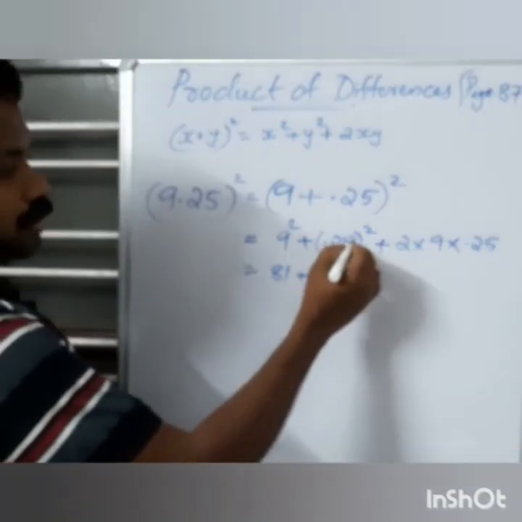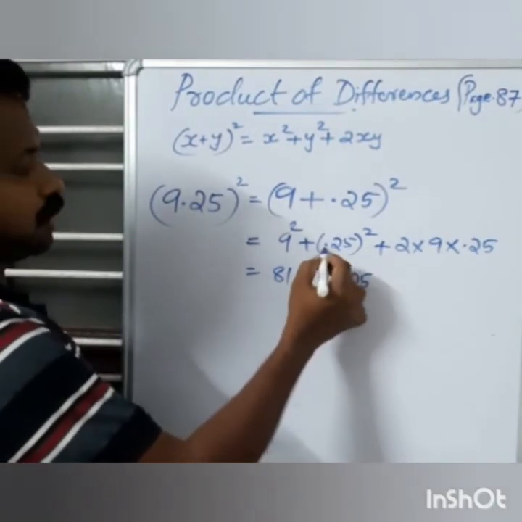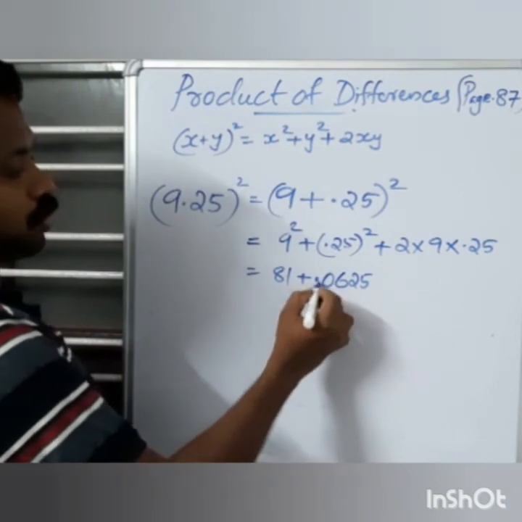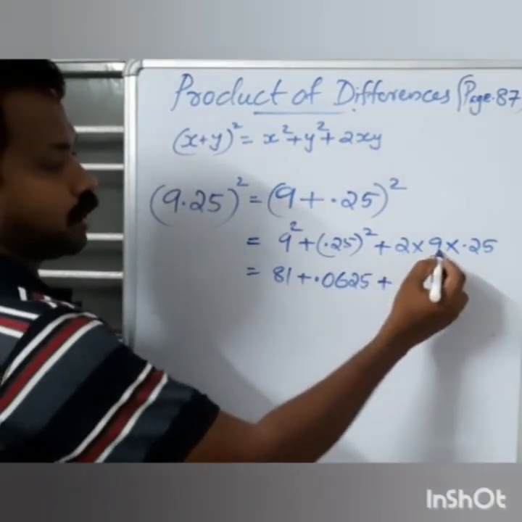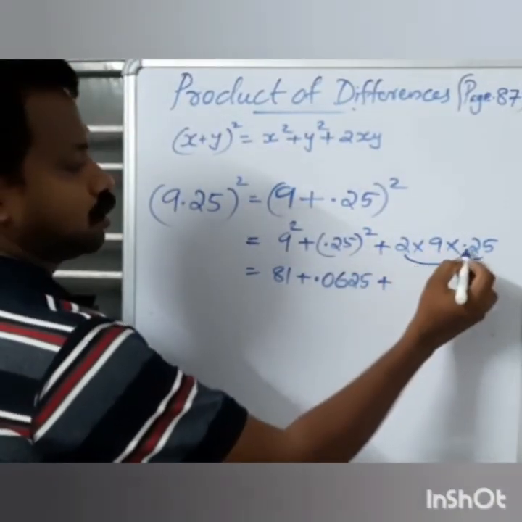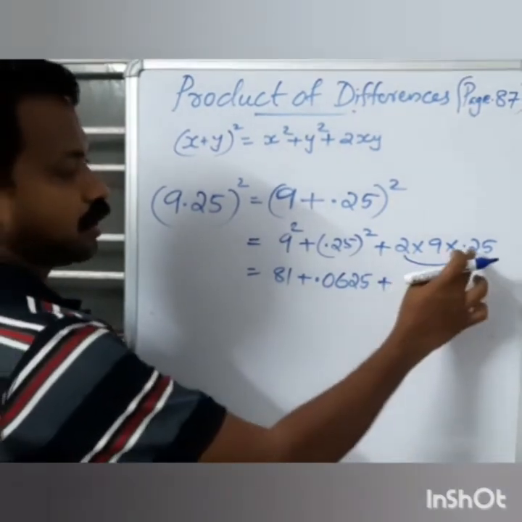Here 2 decimals. So in answer there should be 4 decimals. Double the decimals. So it should be 4 decimals. 1, 2, 3, 4. So 0.0625 plus 2 into 9 into 0.25. First we have to multiply these two. 25 into 2 is 50. Here how many decimals?